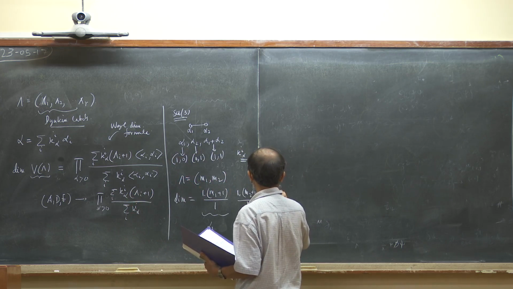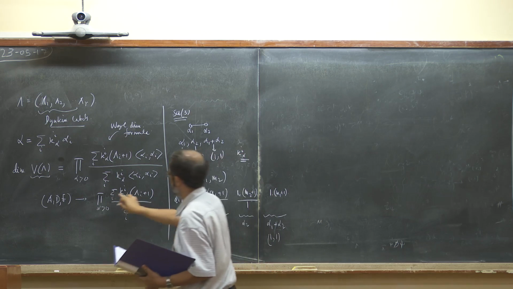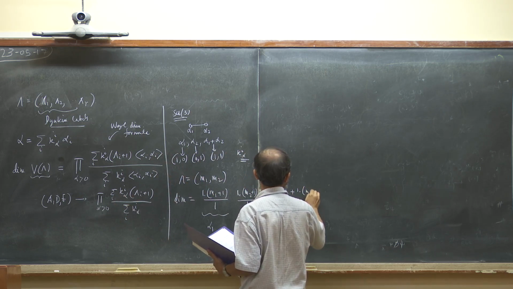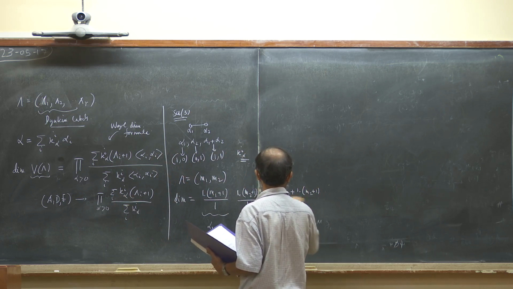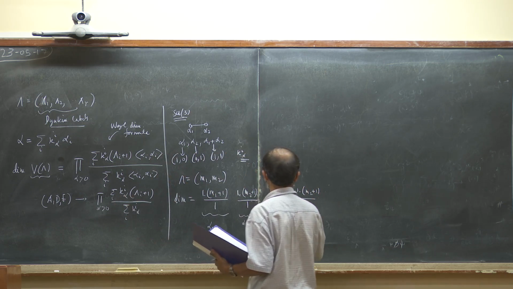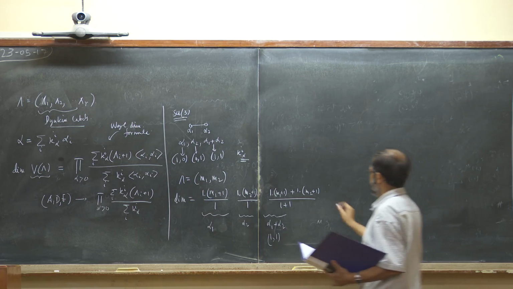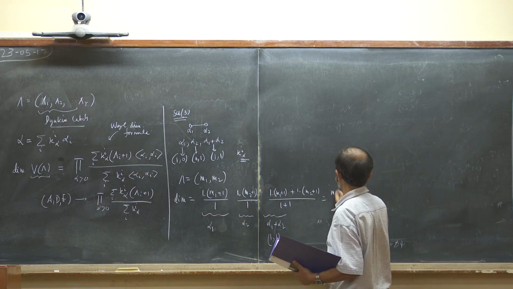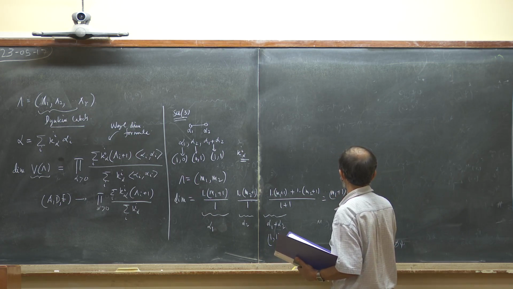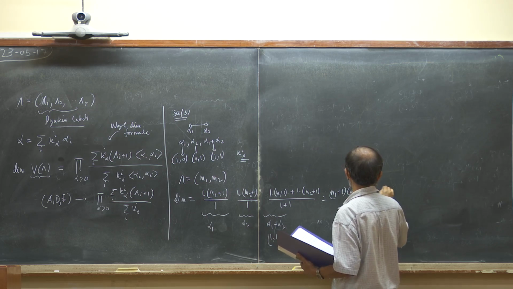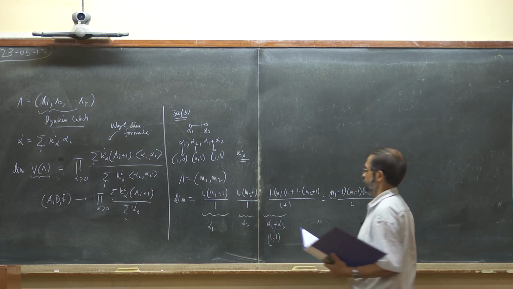So it's 1 into m1 plus 1, that's the I equal to 1 element, plus 1 into m2 plus 1, divided by 1 plus 1. So that's m1 plus 1, m2 plus 1, m1 plus m2 plus 2, divided by 2.